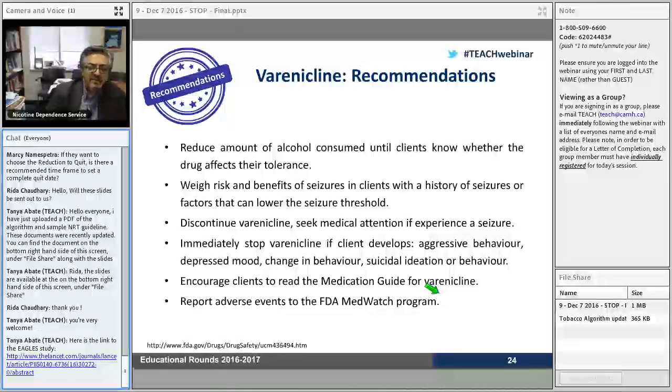So, again, how do you prescribe this? If you do decide to prescribe Varenicline to a patient, what are some of the contextual issues that we need to think about? So clearly, advise patients that if they're drinking alcohol, and again, in the STOP protocol, you can see that there's the AUDIT score, so you can get a number of drinks that people are drinking.